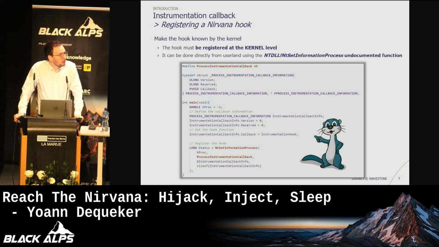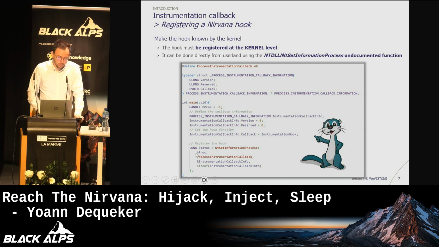Now we know how we can create a Nirvana hook, the question is how we can register a Nirvana hook in a process. This can be done using an undocumented function stored in NTDLL, which is called NtSetInformationProcess. This function is used for several purposes, and one of them is to register a Nirvana hook. As you can see in the code, in the last step we call NtSetInformationProcess.